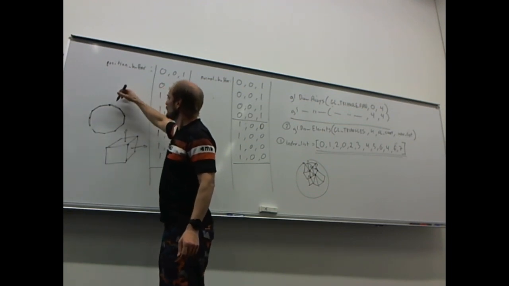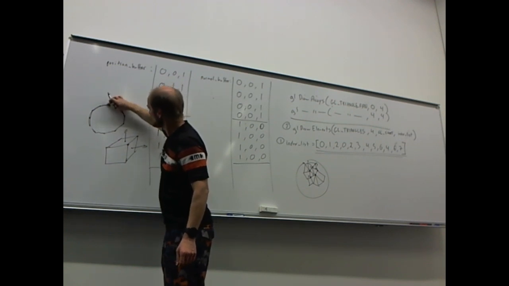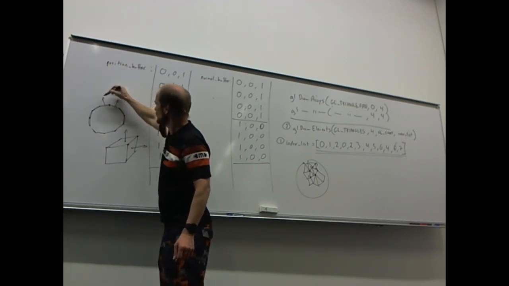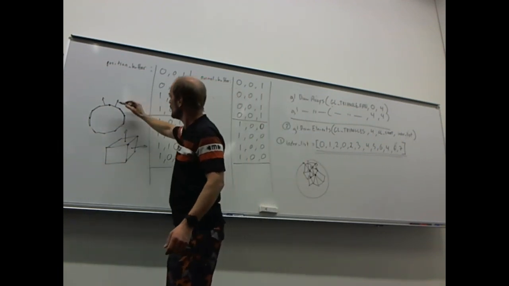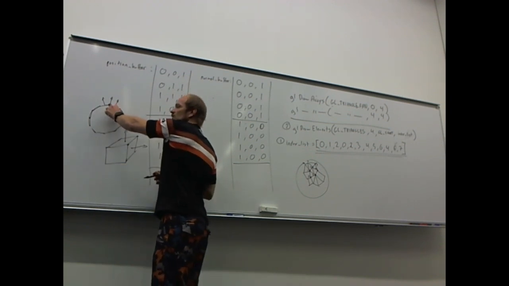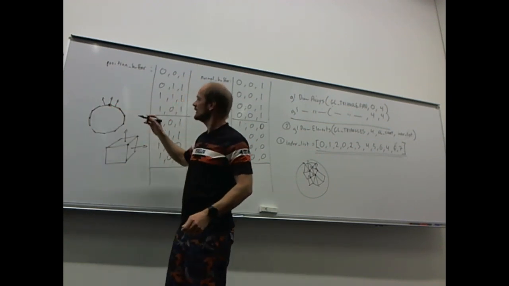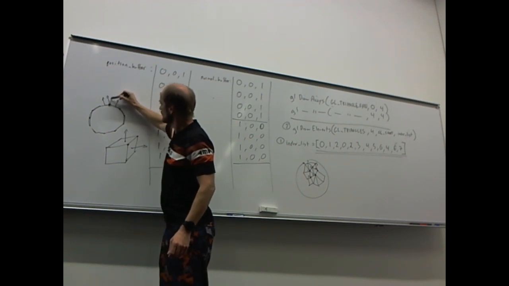If we were to say this polygon has this normal, and this polygon has this normal, then the lighting would be such that when we draw this vertex here with this normal, we're going to get a different result from the vertex shader than when we draw this vertex with this normal.